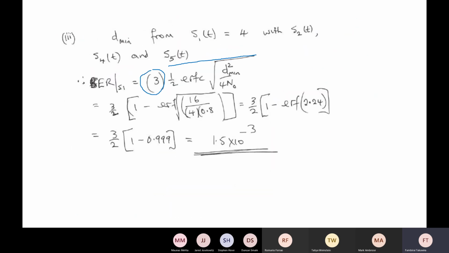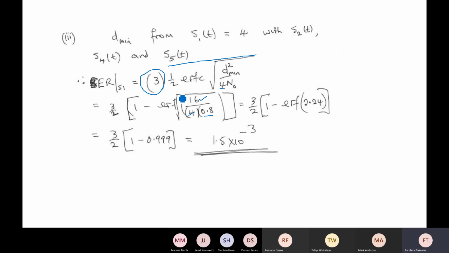So essentially, we then have 3 multiplied by 1/2 erfc of root of 4 squared divided by 4N naught. The 4 squared is 16, and the 4N naught is given.